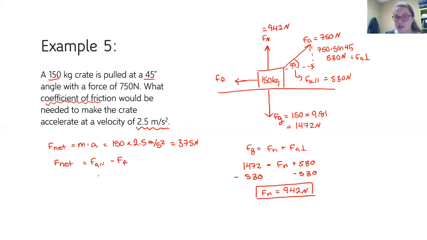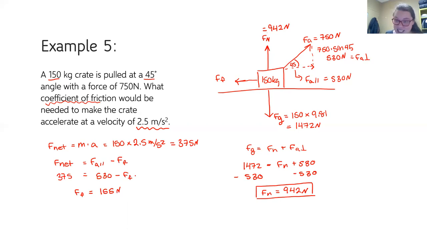Plugging in our values, we end up with 375 is equal to 530 minus the force of friction. If you rearrange that, you will find the force of friction is equal to 155 newtons.